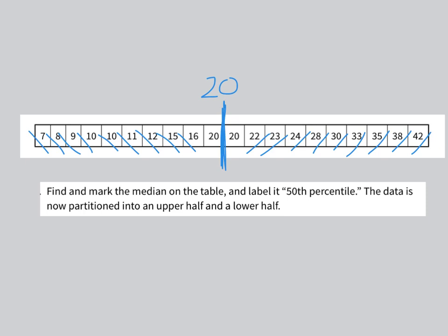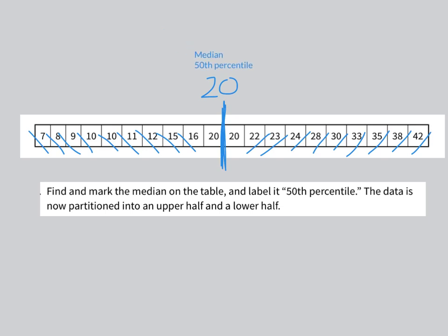I want to label it a couple of things here. So when we label that, let's say what that is. That is the median. And that is also the 50th percentile. We haven't used that language before, but we've used 50% with medians before.